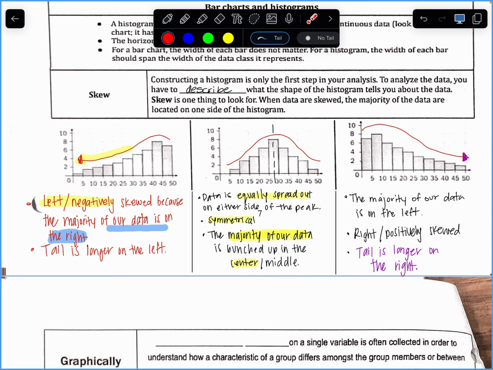It seems like the majority of their data was right in the middle, and everything else was kind of symmetrical, a little bit less than the center. So it's pretty cool. Any questions? Thumbs up if this seems pretty doable. Okay. When you're ready, turn the page.